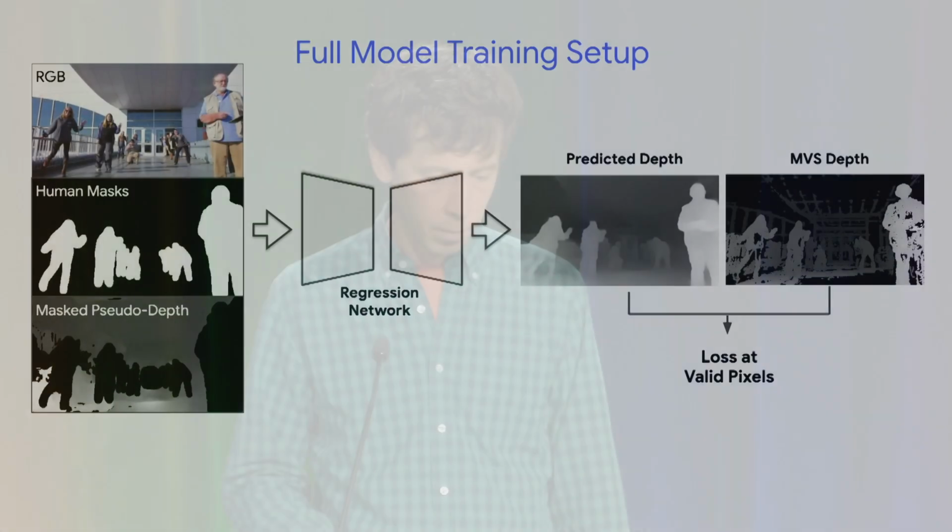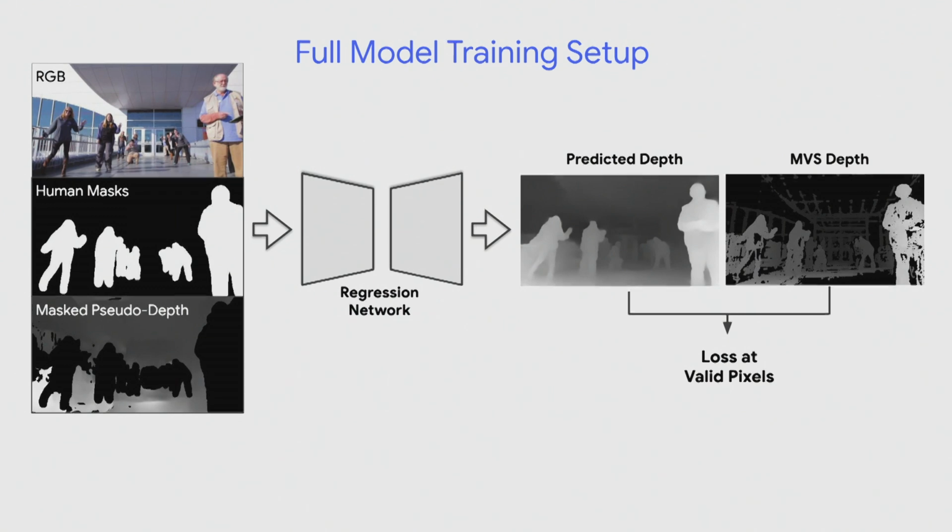You have the color image, you have masks of the people in the scene, and you have this pseudo-depth map that we computed from flow. Again, the back end of the network looks basically the same. It's a regression network, produces pixels, and the loss is the same. The loss is the multi-view stereo depth.